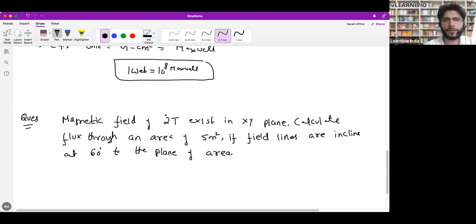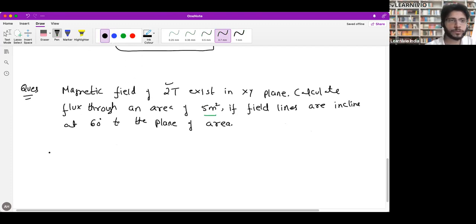So you have a magnetic field of 2 Tesla in the XY plane. Calculate flux through an area of 5 meters square. Field lines are inclined at 60 degrees to the plane of area. This is your area. This is the direction of area vector.